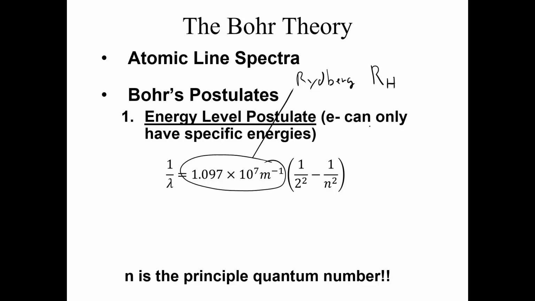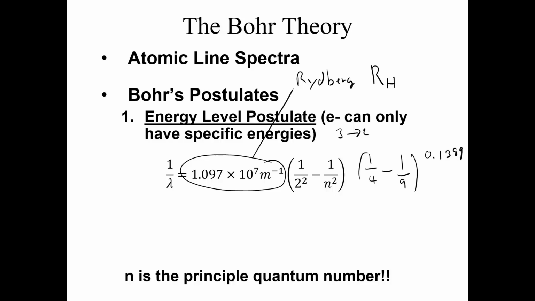So if we calculate the lambda for that red band, that's going from the 3rd to the 2nd, n is going to be equal to 3. So then this turns into 1 over 2 squared, which is 1/4, minus 1 over 3 squared, which is 9. And so that ratio equals 0.1389.